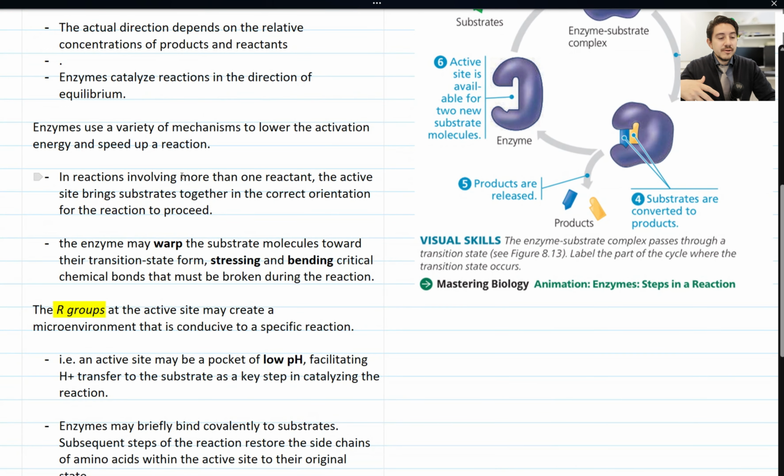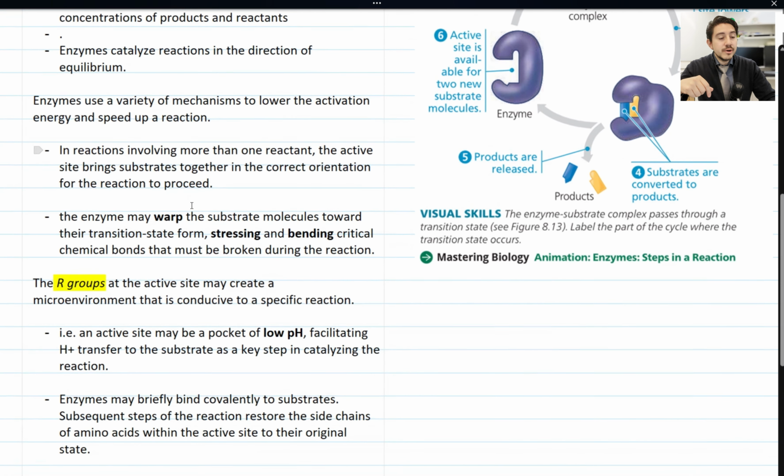So in reactions involving more than one reactant, the active site brings substrates together in the correct orientation, and then the reaction can proceed. Now, before I get into the diagram, I just want to note this. What the enzyme actually does, when the substrate binds to it, is warp and stress the bonds of the substrate, so they can get weaker as they reach the transition state.